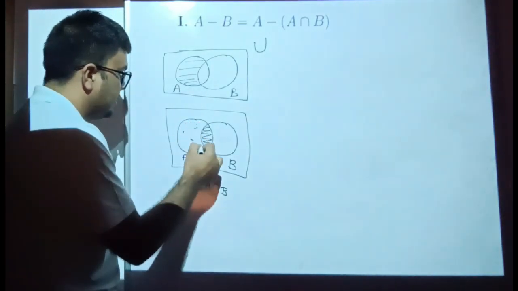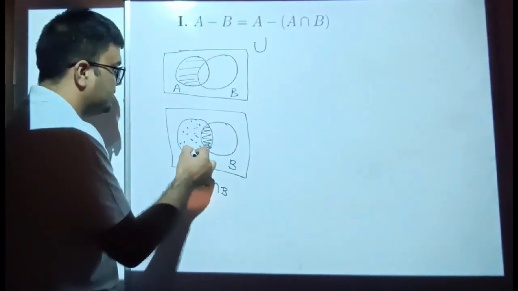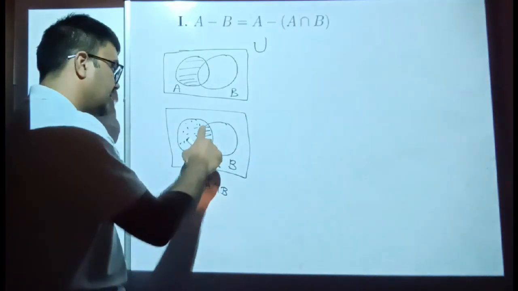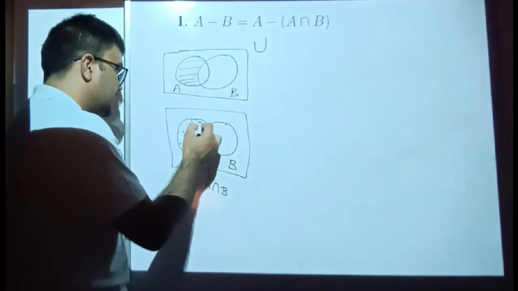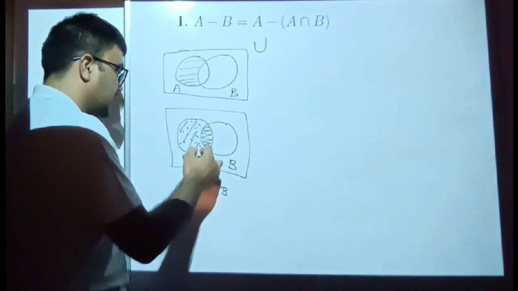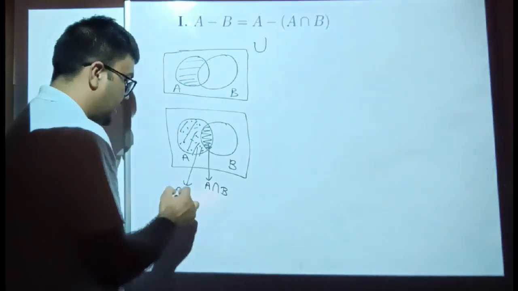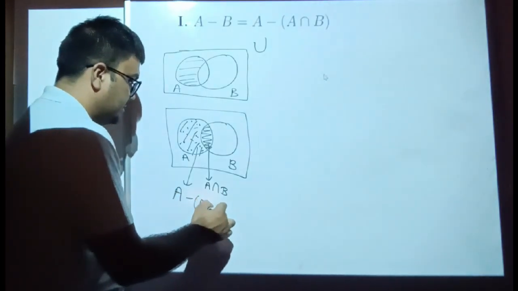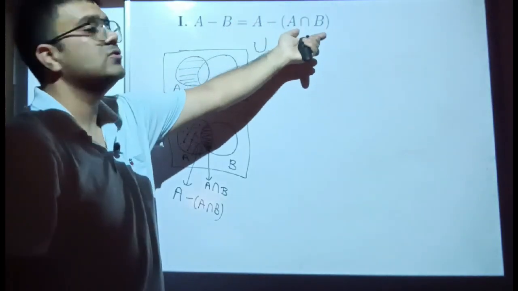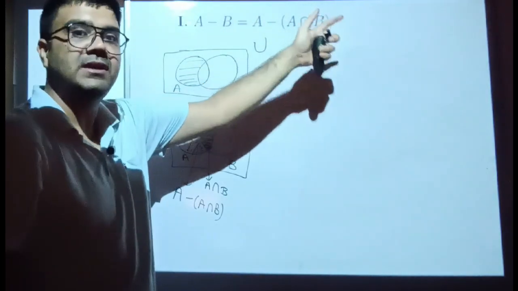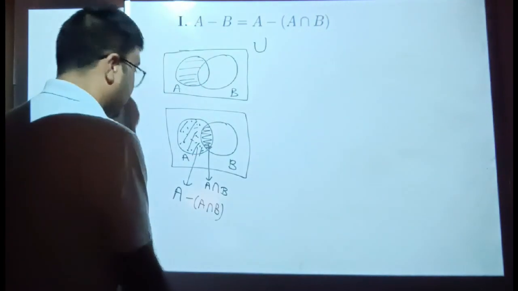This is what we are left with. This is the part of A and this is the removed part, and this region we have obtained. This portion is A minus A intersection B. So either we are removing B or we are removing those elements which are common between A and B. We are talking about the same thing.